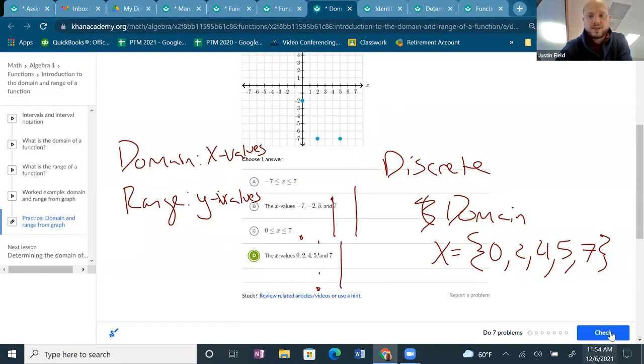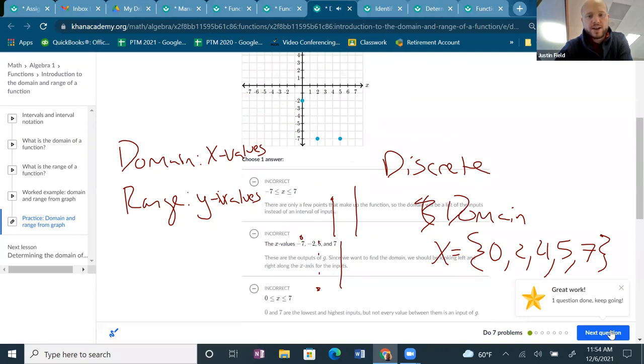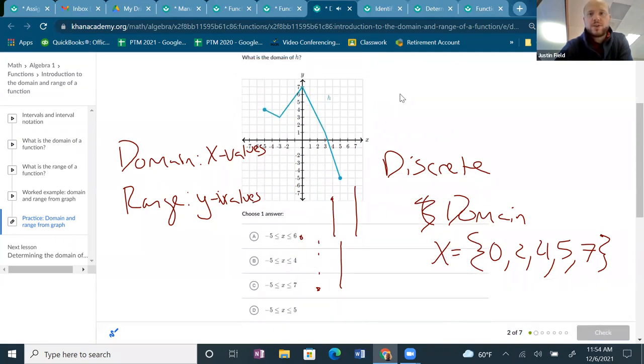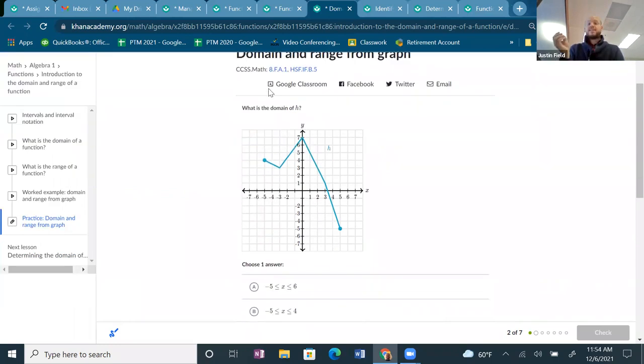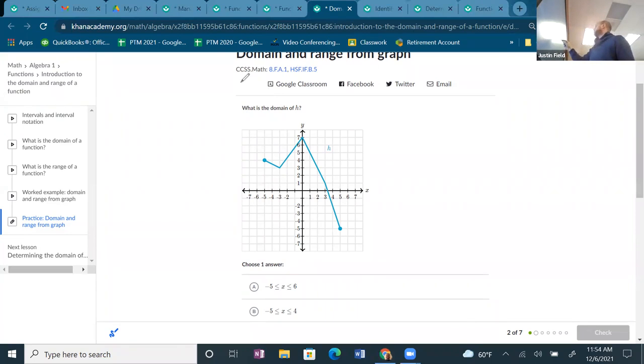There they are. Now you see the inequalities there. Why do they have inequalities? Well, that's because sometimes it's not discrete, it's continuous. And so, when it's continuous, we just look at the endpoints. Or sometimes there's no endpoints, in which case it's an inequality. A different kind. So the endpoints are -5 and 5.